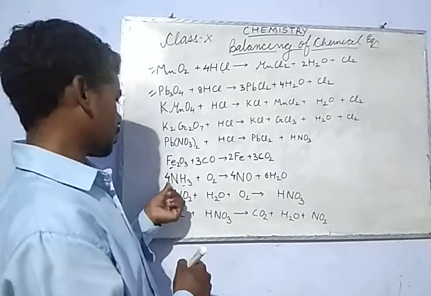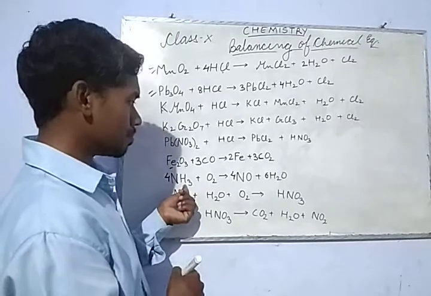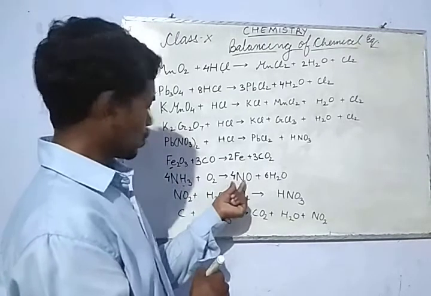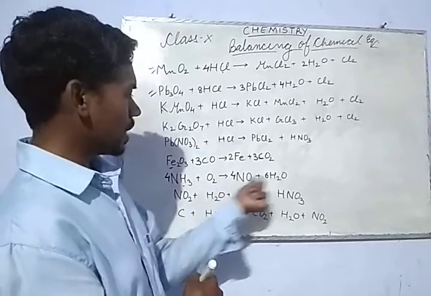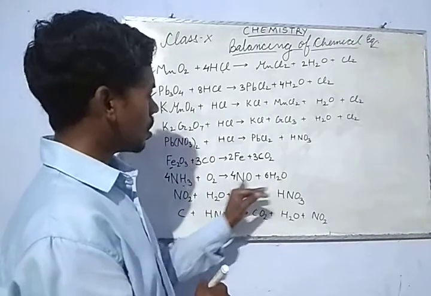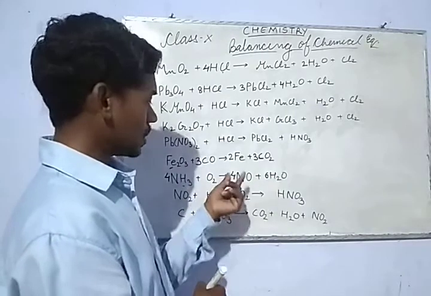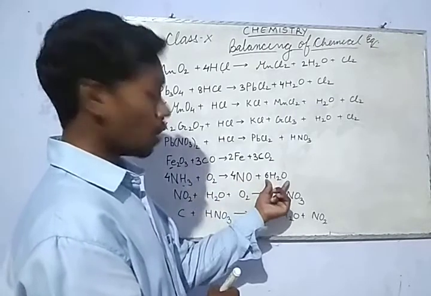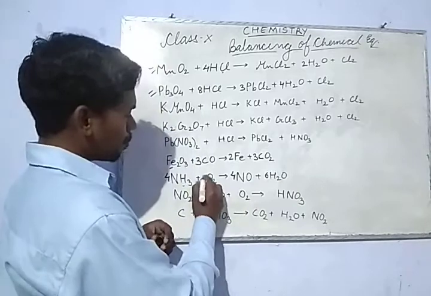Now you see 4 3s are 12, 4 nitrogen and 6 2s are 12 hydrogen. Now let us see about oxygen. 4 oxygen here and 6. How many? 10. Now you put 5 here.